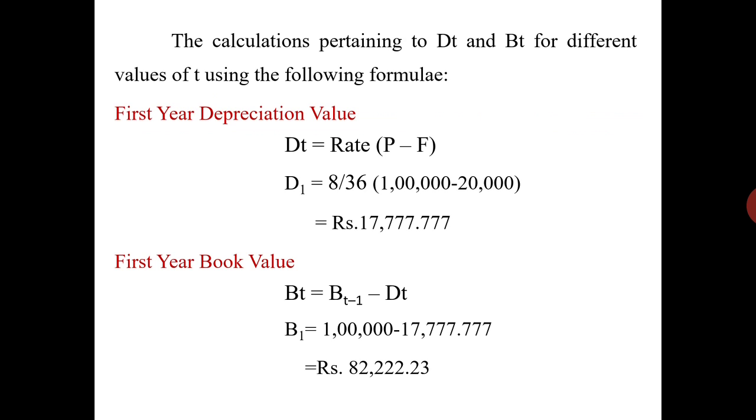Finally we get the depreciation value d1 equal to rupees 17,777.77. The book value of the first year is bt equal to bt minus 1 minus dt, b1 equal to 1 lakh minus 17,777.77. Finally we get the first year book value equal to rupees 82,222.23.